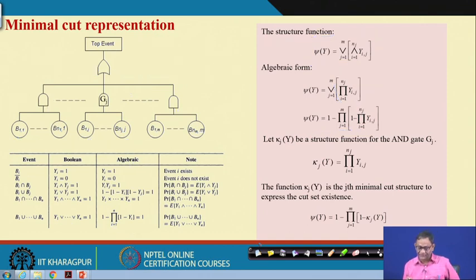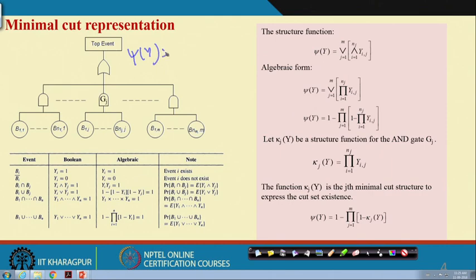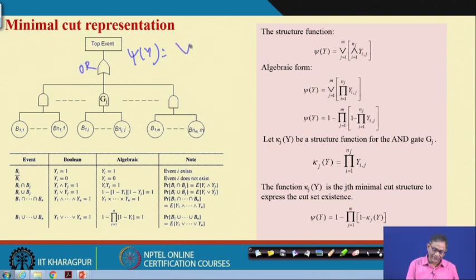So, let me repeat, so that you will not get confused. First, we were defining psi y. What is psi y? The structure function for the top event. There are two kinds of gates: the OR gate, which is denoted by union, and then there are several AND gates.